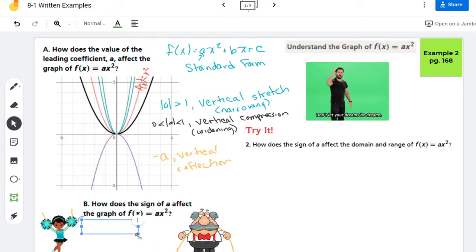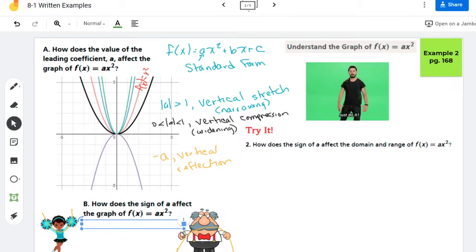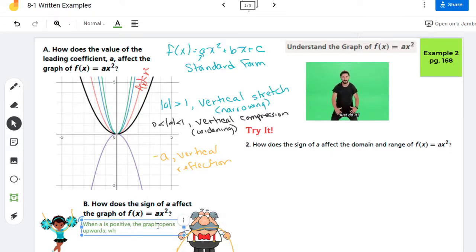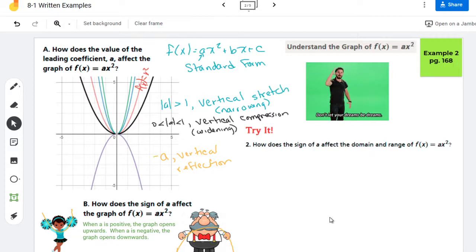So A is like the cheerleader and the old man. So, just get my text box ready. So when A is positive, the graph opens upwards. When A is negative, the graph opens downwards, like our old man. So now it's asking, how does the sign of A affect the domain and the range? Okay.